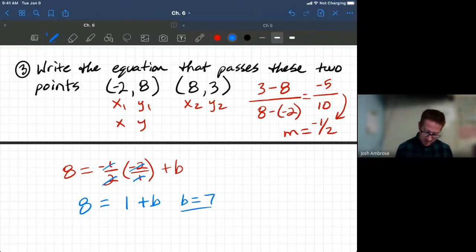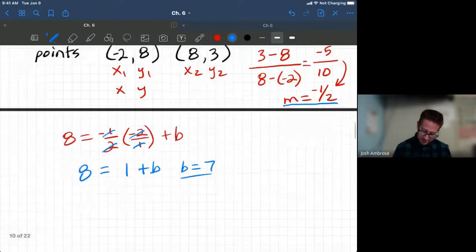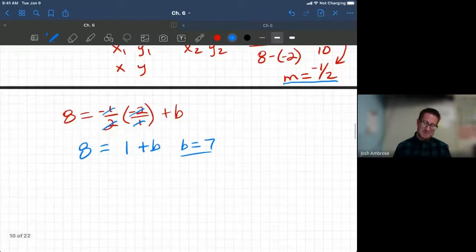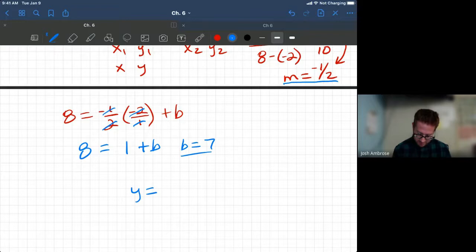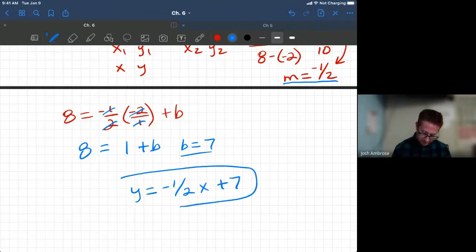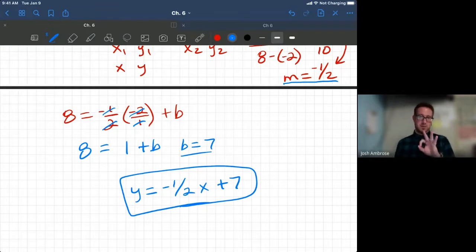So we need that. And now we have our slope right there. So let's put this back into the equation of y equals -1/2 x plus 7. And there is our final answer for example 3.